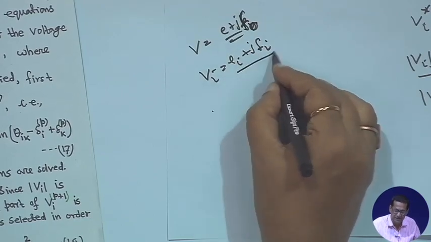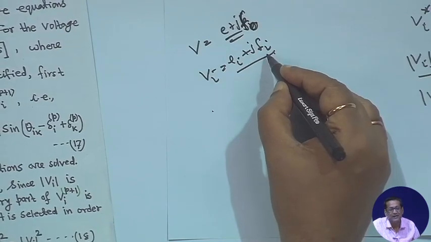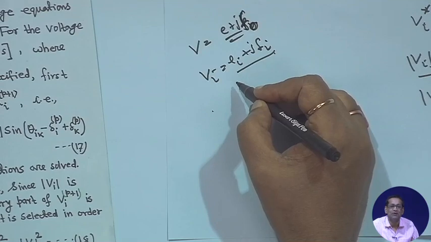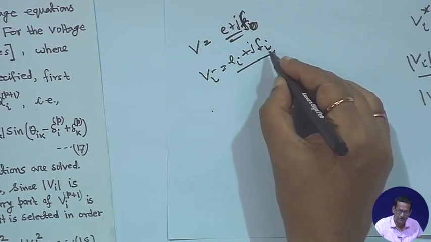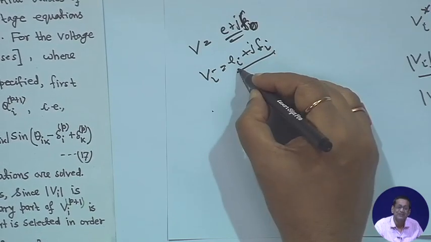Generally, Ei is much higher than Fi. Fi is very small, because voltage angles in a transmission system are quite small compared to Ei.